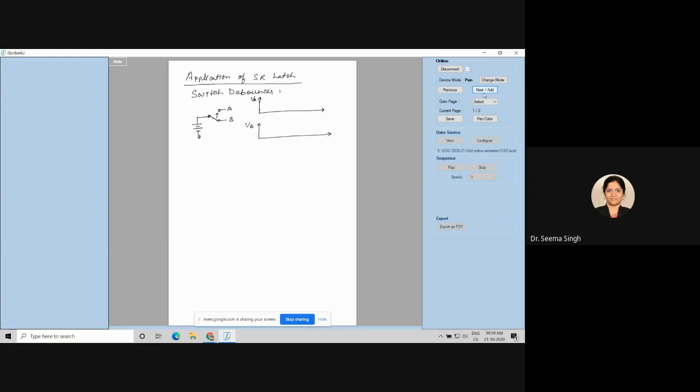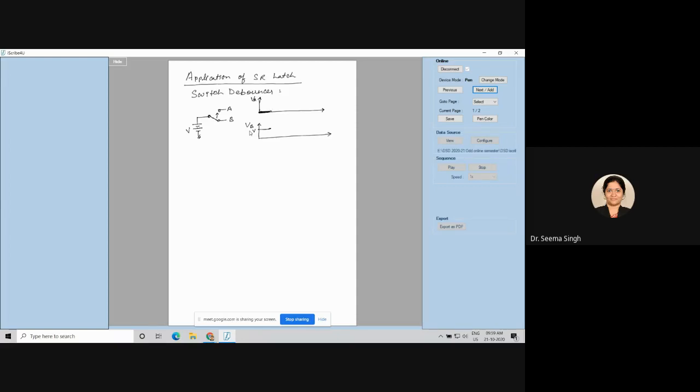Initially it is towards B. So VB, the voltage at B, will be equal to V voltage, and I am taking this battery as V voltage. Because the switch is connected at B, VB will be equal to 5 volts, right? Now VA will be equal to 0 volt.